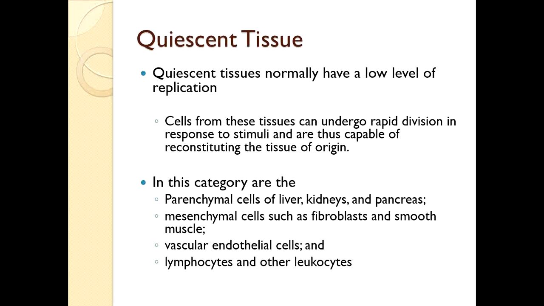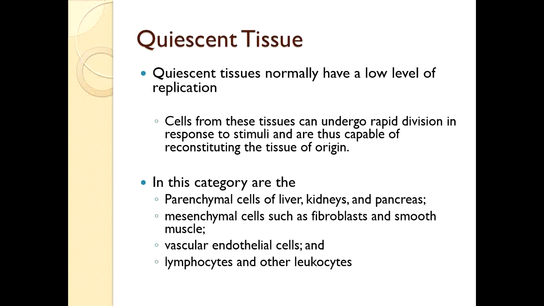Quiescent tissue. The quiescent tissues normally have a low level of replication. These cells usually undergo rapid division whenever they receive a stimulus, and in order to do so, complete regeneration or reconstitution of a tissue is attained.